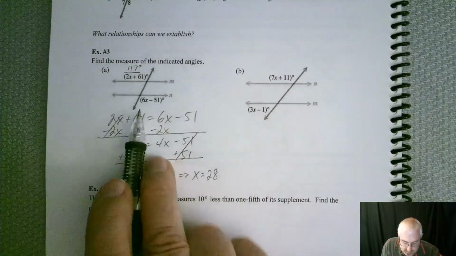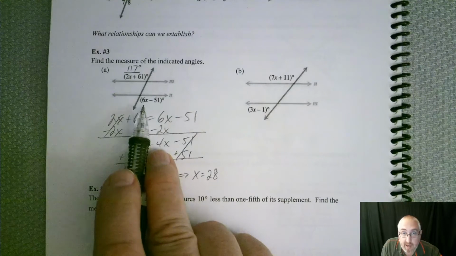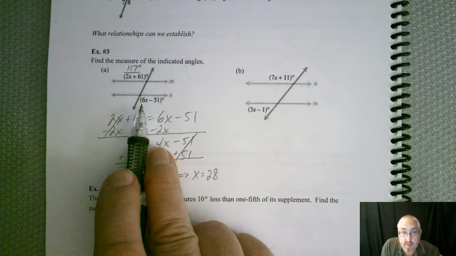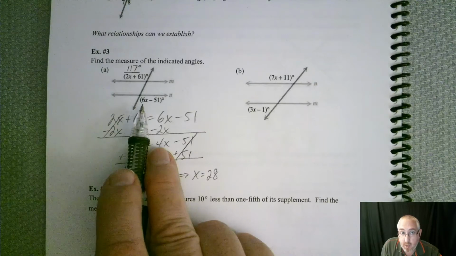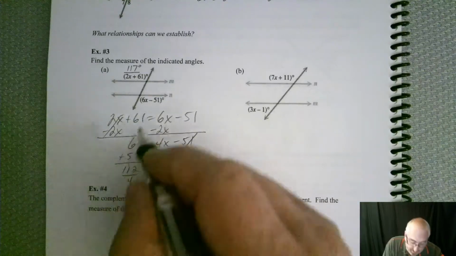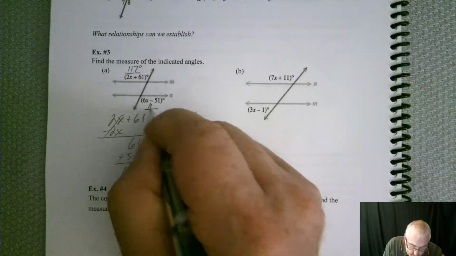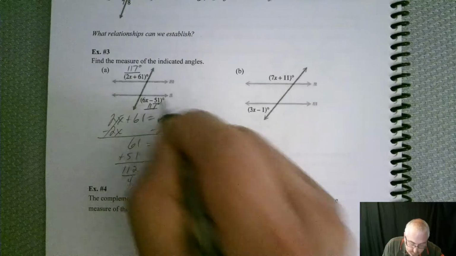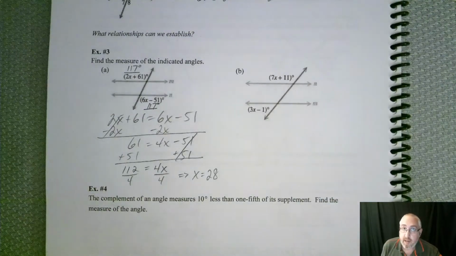All right, what about this one? 28 times 6 looks like 168. 168 minus 51, I believe, is 117. So it does check. The angles are equal, so we're good.